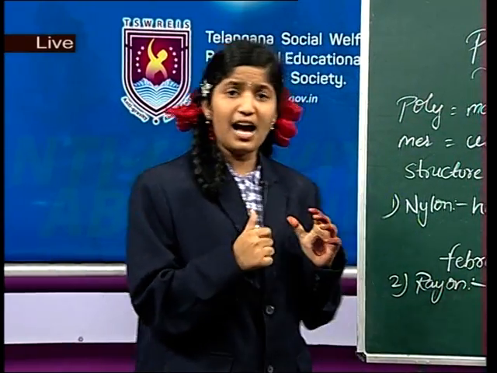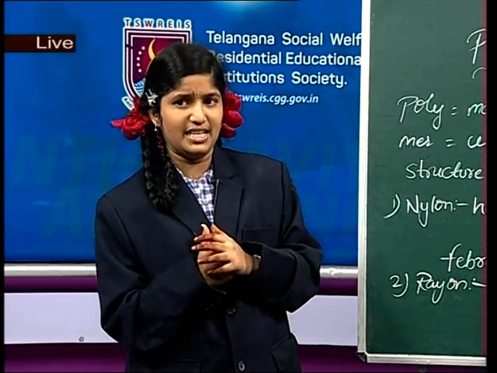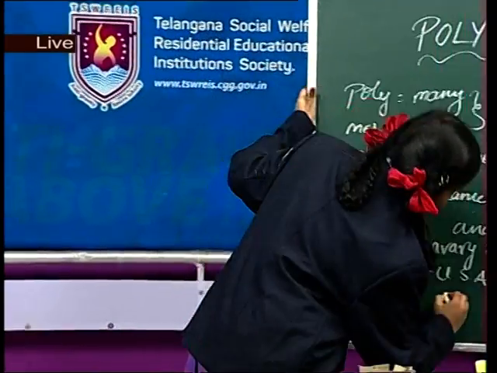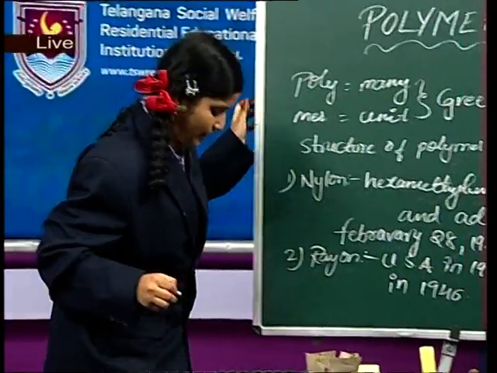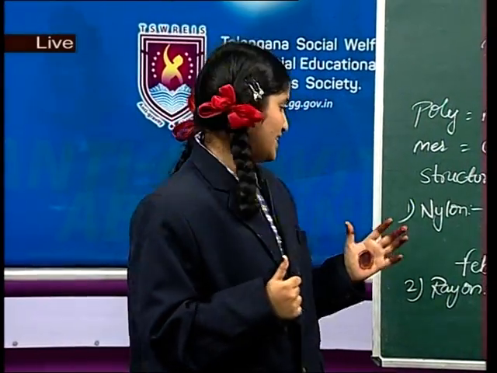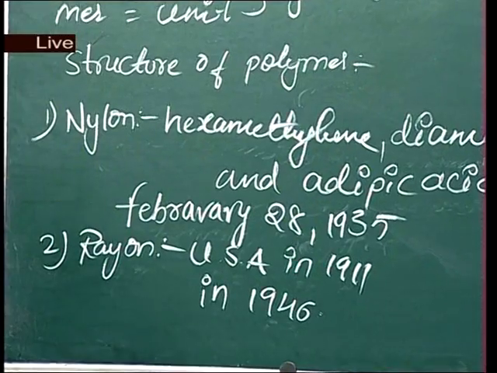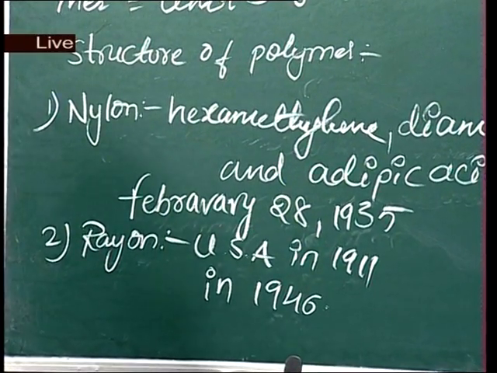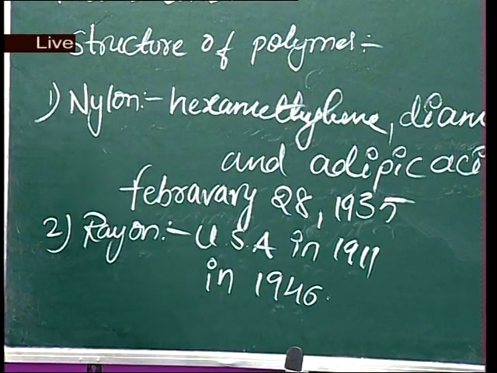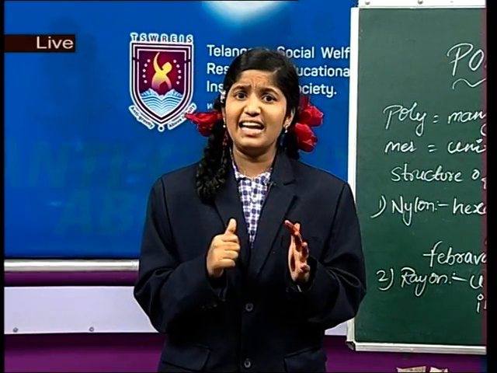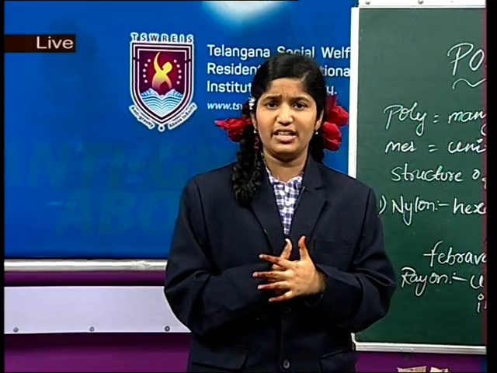Okay friends, and the first rayon factory in India was established in Kerala in 1946. Okay friends, and nylon is a cheaper quality and nylon does not absorb water.